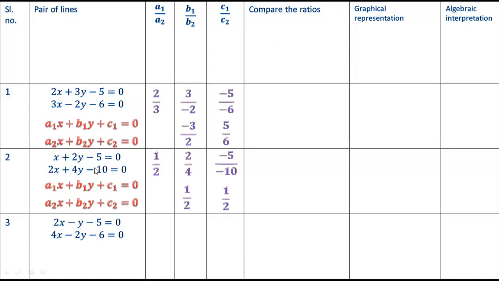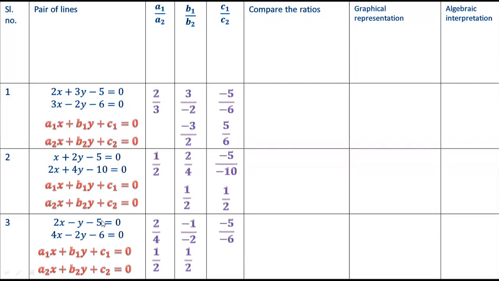That is 1 by 2. Okay, the third equation. Compare with the general form. a1 by a2 is equal to 2 by 4. b1 by b2 is equal to minus 1 by minus 2. Simplify this. That is 1 by 2. And c1 by c2 is equal to minus 5 by minus 6. That is 5 by 6.